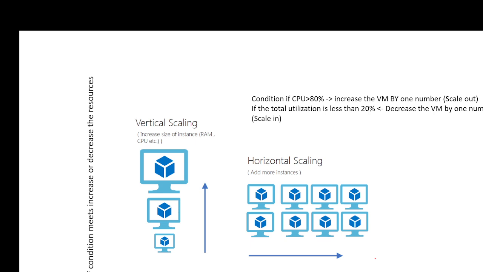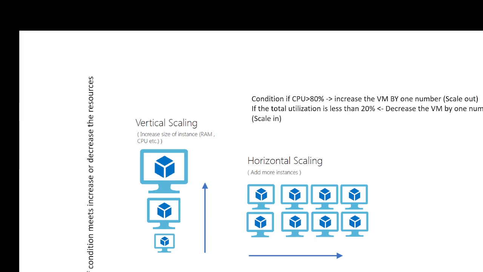You see here, the pictorial representation will help you to understand. If the condition meets, either an increase or decrease of resources will happen. Look at the condition here. If the CPU percentage is more than 80%, increase the VM by one number.